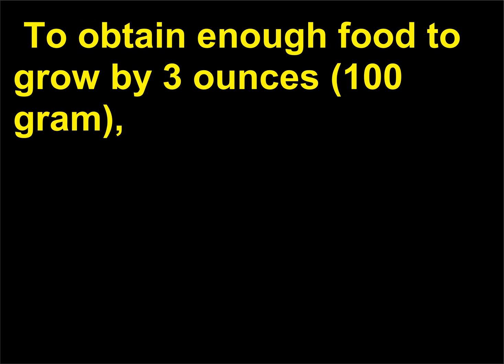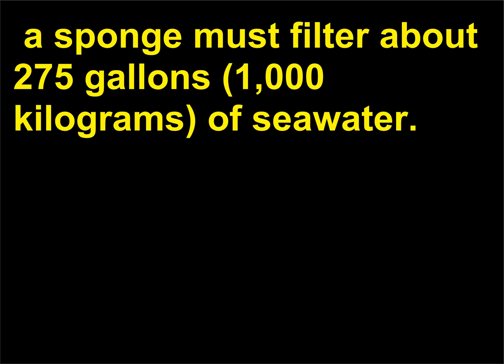To obtain enough food to grow by 3 ounces, 100 grams, a sponge must filter about 275 gallons, 1,000 kilograms, of seawater.